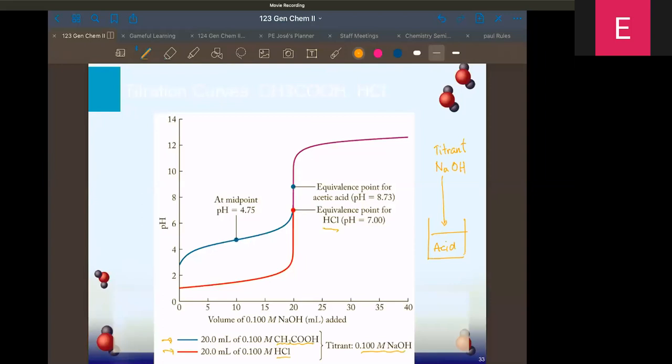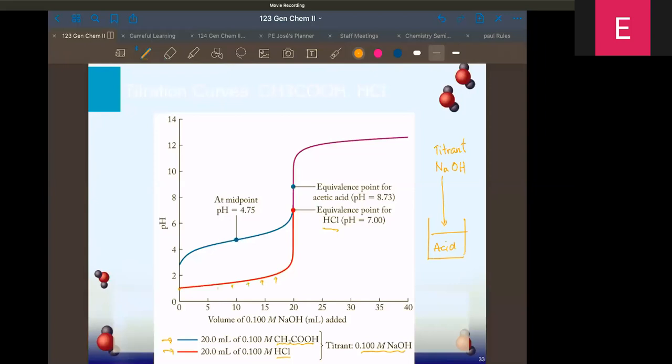So let's look first at HCl, when there is no buffer. We see that the reaction will start at a given pH, and as we add the base, it starts to deviate more and more.